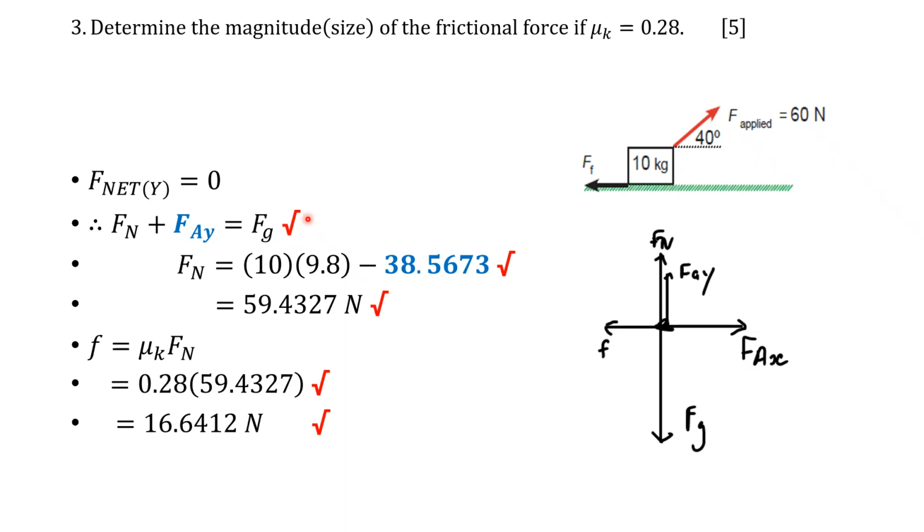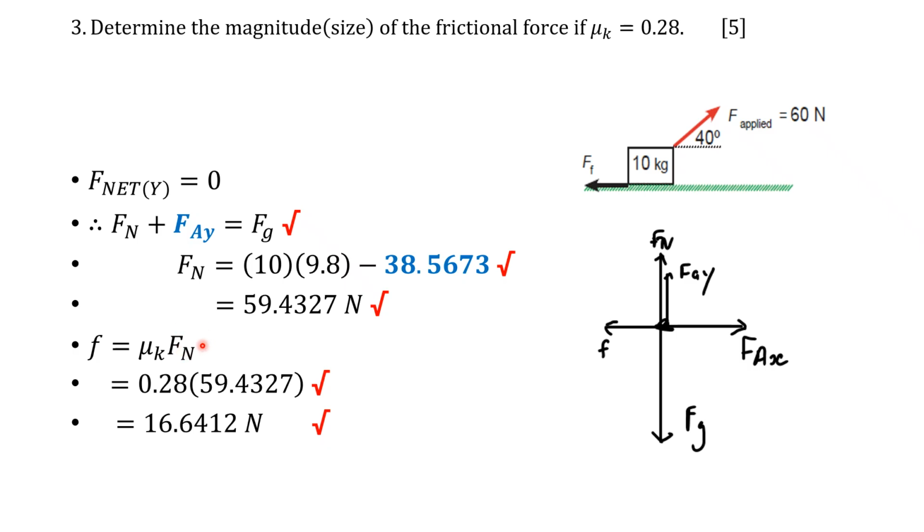For that, 1 mark for understanding that normal force is not equal to force of gravity, but normal force plus the force in the y direction equals force of gravity. Substituting my values correctly, 2nd mark, and getting the correct answer with the SI unit. We must put newtons. That gets 3 marks.